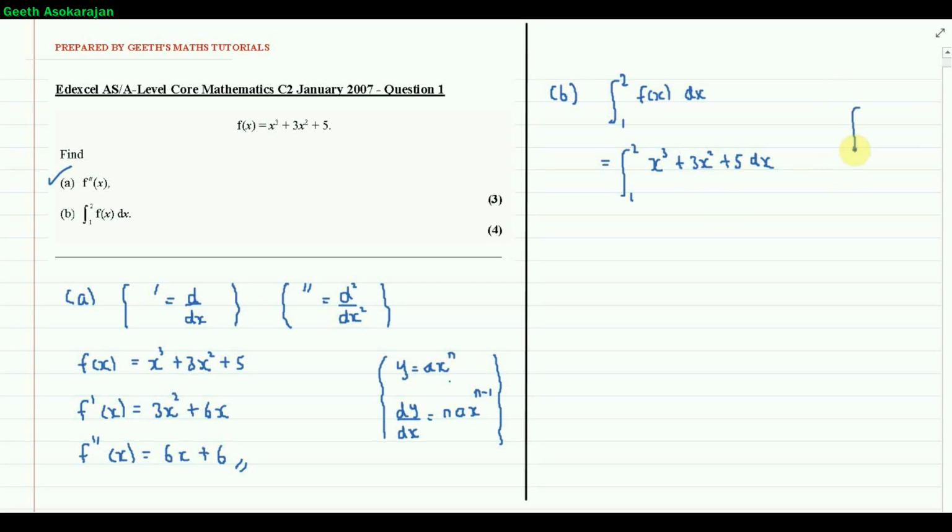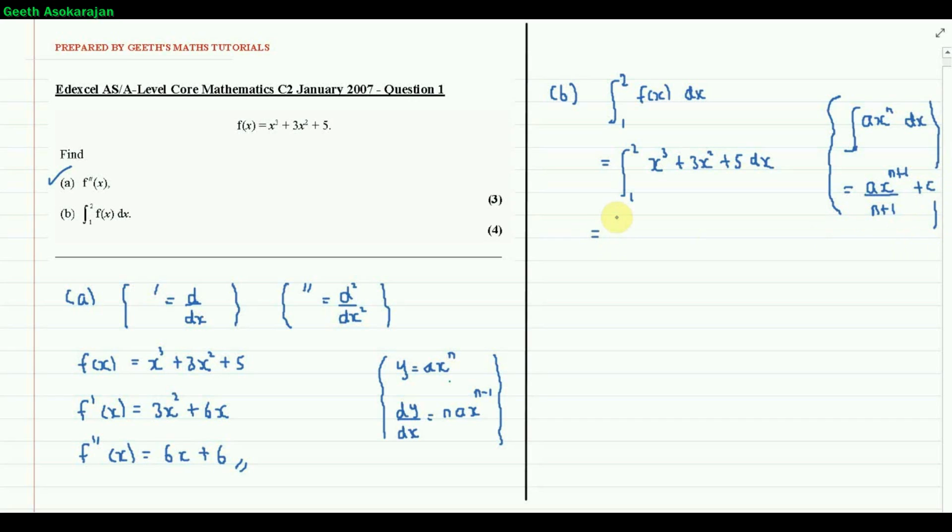We're integrating terms of the form ax to the power n with respect to x, and the idea is, provided that a and n are constants, we add 1 to the power to give us ax to the n plus 1, and we divide by the result of adding 1 to the power, so we're dividing by n plus 1 in this case. Adding a c, just for completeness, because this result doesn't contain limits.